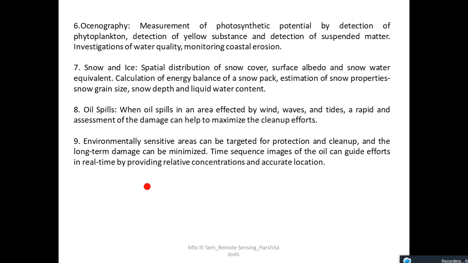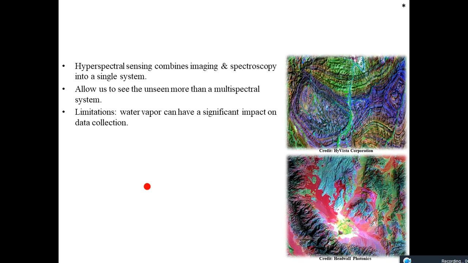So hyperspectral remote sensing is very useful. Multispectral and monoband are also very useful, but in comparison to mono and multispectral remote sensing, hyperspectral remote sensing is more useful, okay, because it combines the imaging and spectroscopy in one single system.